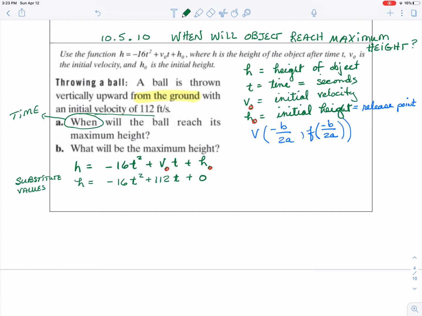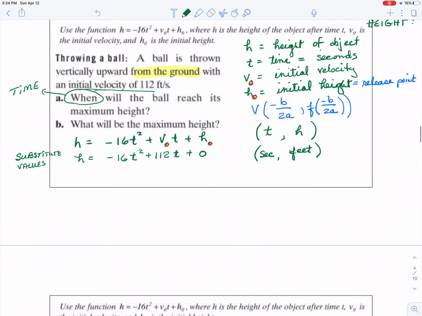And now all we need to do is find the vertex, because the vertex will be written in terms of t and in terms of h. So this first number, when we get it, is going to be in terms of seconds, and the second number is going to be in terms of feet.